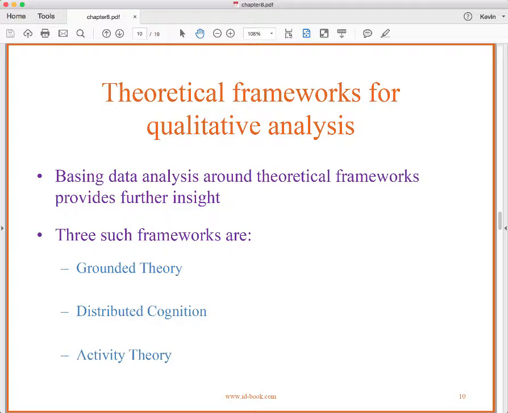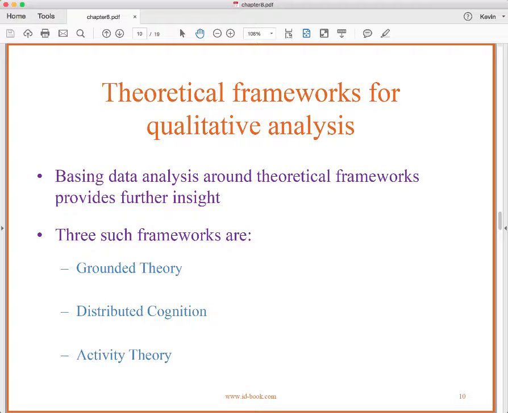So what we don't want is to just have anecdotal observations. We want something more robust than that. And these frameworks are the kinds of things that give us those qualities that we're looking for.